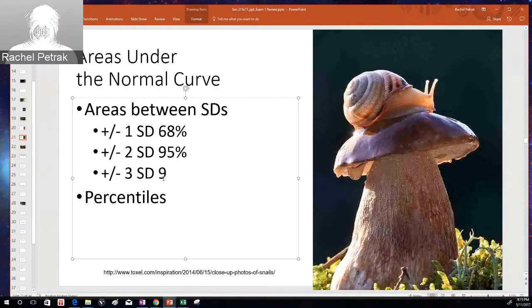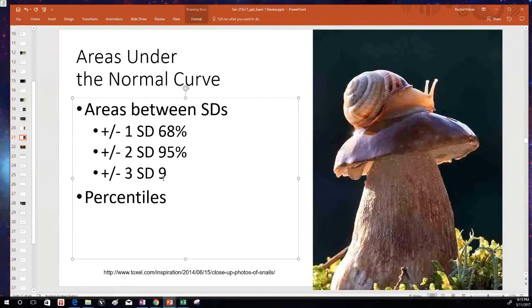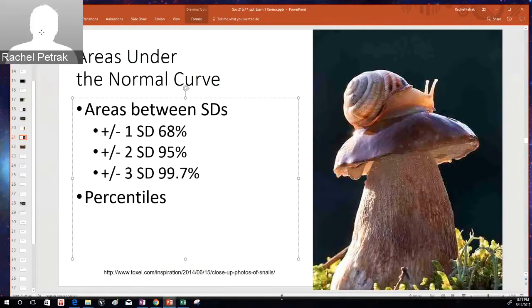And one final review point, how many standard deviations does the range usually include? 6. So remember, we discussed how if 99.7% of the distribution lies above or below 3 standard deviations from the mean, that's 6 standard deviations total, and that's 99.7%.